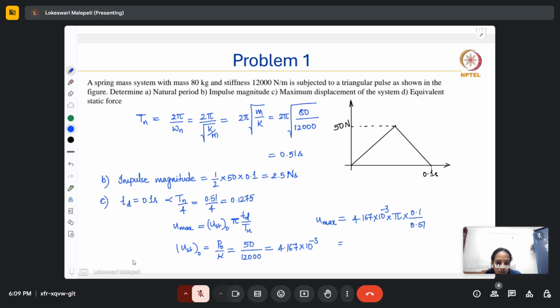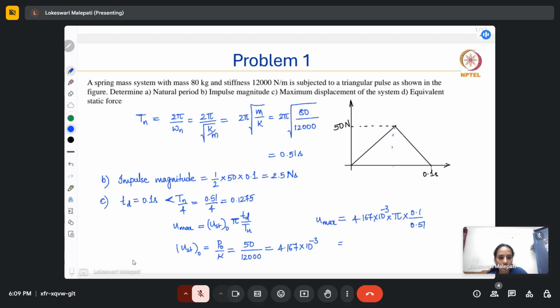And what would we do if Td was not less than Tn by 4? Then we have to go for exact analysis. We know how to find the response for an impulse, right? Basically we have to divide the total response into two parts. First is the response to the forced vibration that we can find using Duhamel's integral, because in this case we have the mathematical expression for this triangular pulse. We can write this triangular pulse in a mathematical form, like two straight lines, one is this part and the other one is this part.